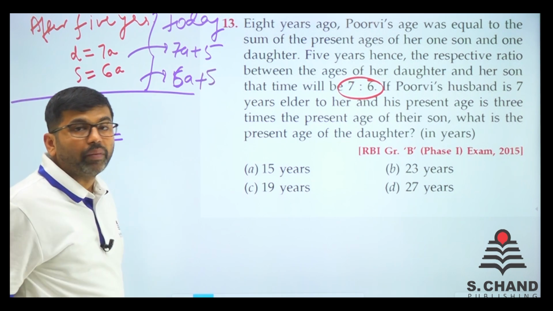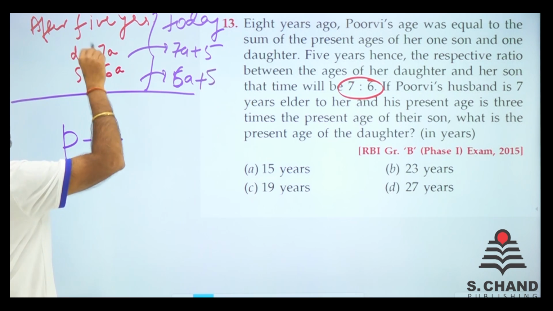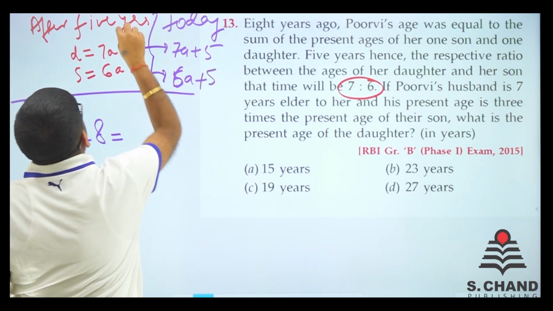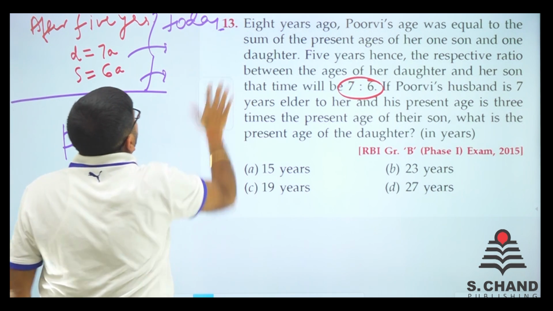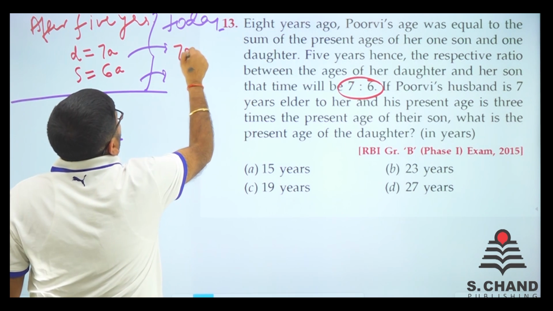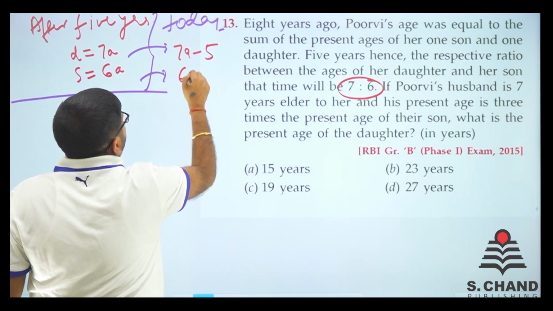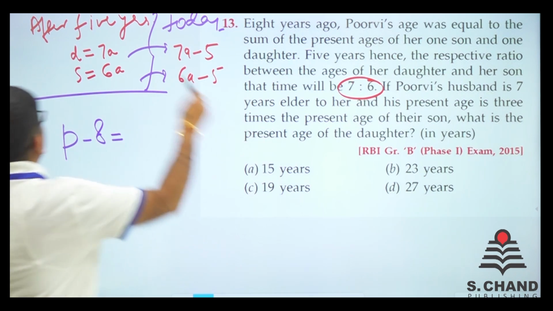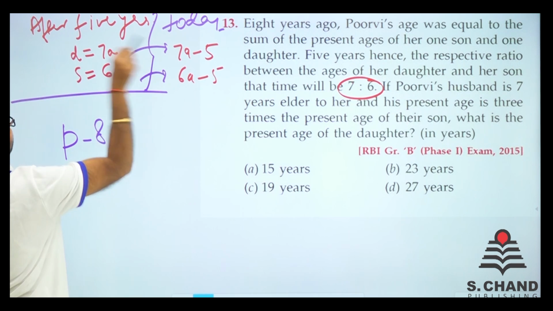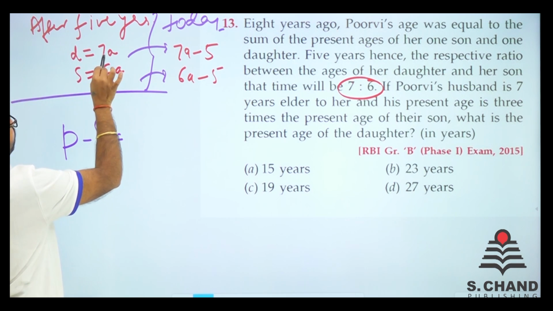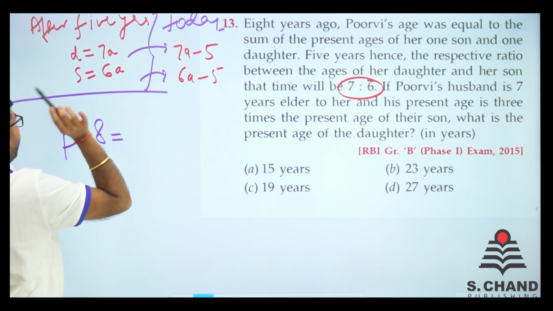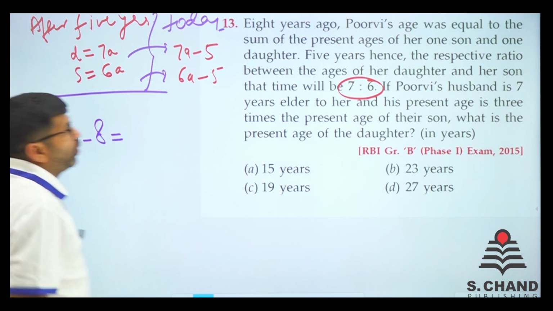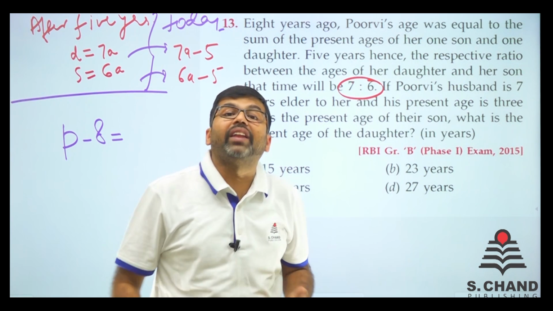Sorry, I am sorry. It is after 5 years, that means today it will be 7a minus 5 and 6a minus 5. Now it is for sure correct. After 5 years, daughter's age will be 7a and son's age will be 6a. Why? Because the ratio is 7 and 6.